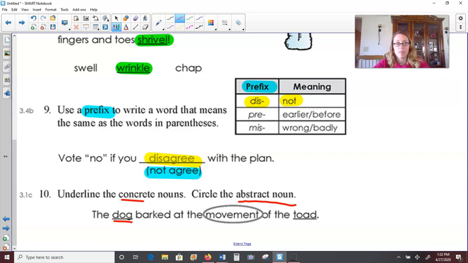It's something we actually can see, feel, and touch. A toad is another concrete noun. It's a thing. Movement, that would be the abstract noun, because although we can see what movement looks like for each of those animals, we can't just look at movement on its own. So that is an abstract noun.